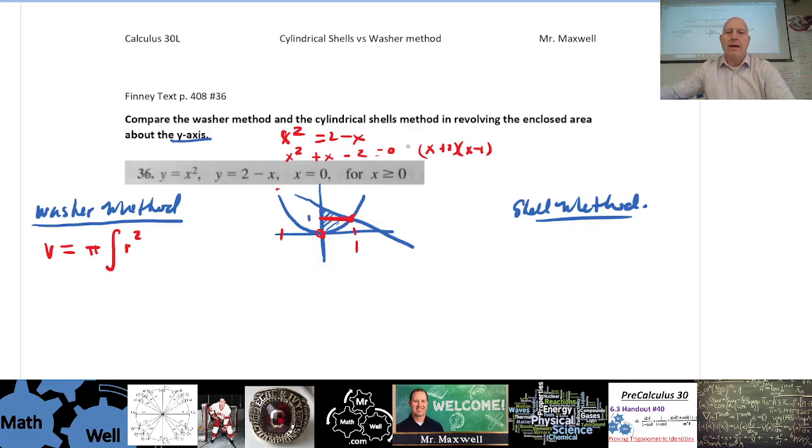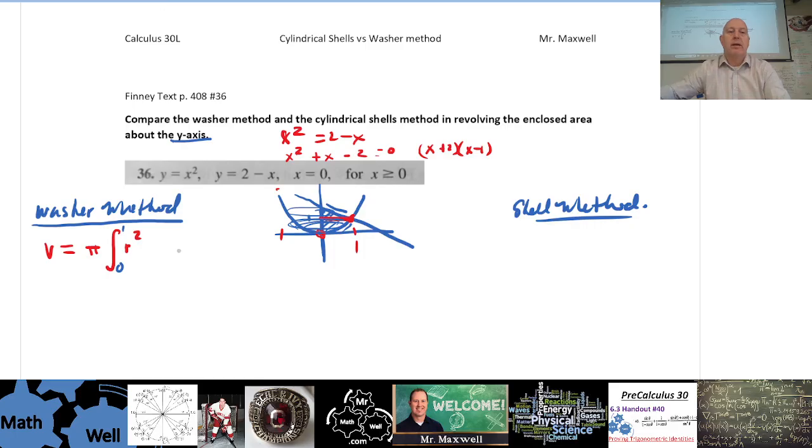So we have to split this up into two different parts. This is a disk right here, and then this is another set of disks right here because we have different boundaries. There's one and there's the other. So the radius is going to change. So we have to go from 0 to 1, and then we have to go from 1 to 2.